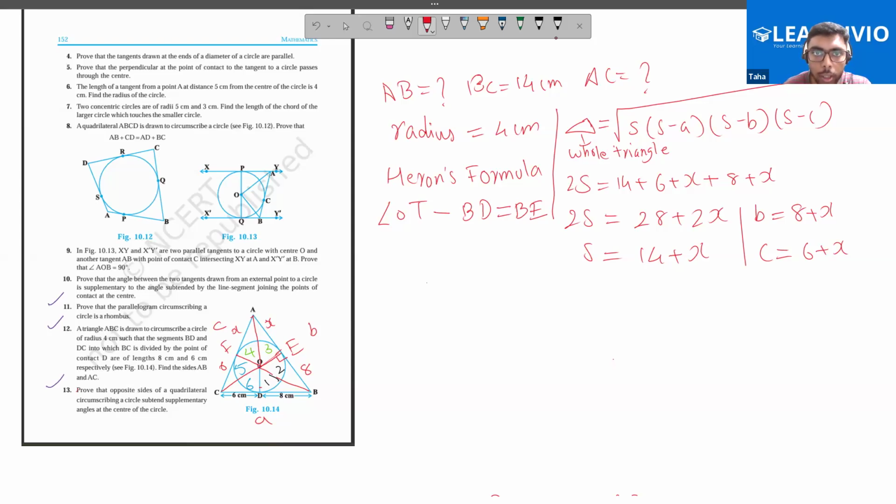We can say that this whole triangle area is 2 times triangle area ODB. We can use ODB, and we can use ODC, and then we can use triangle area OAC, OAF.